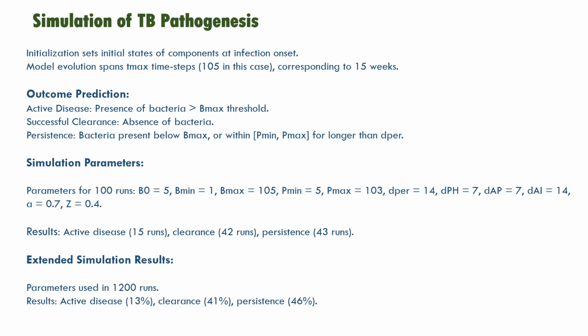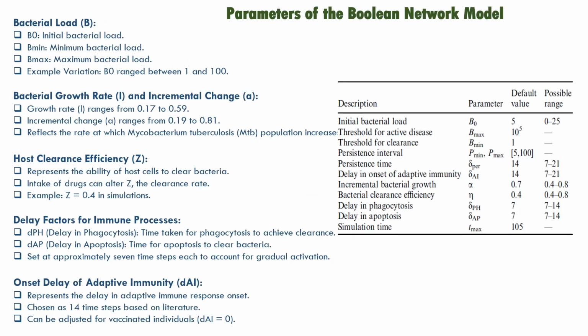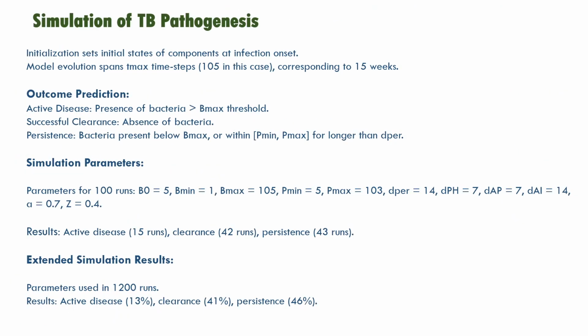The outcome is that there are three states that they have predicted. First is the active disease, where the presence of bacteria is greater than the Bmax threshold. Bmax here is the maximum bacterial load. So if your presence of bacteria is greater than the Bmax threshold, it is an active disease.